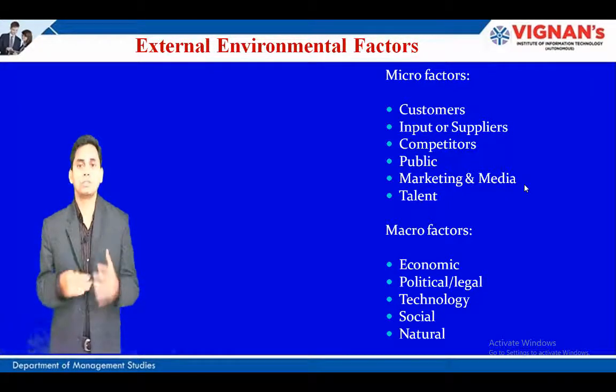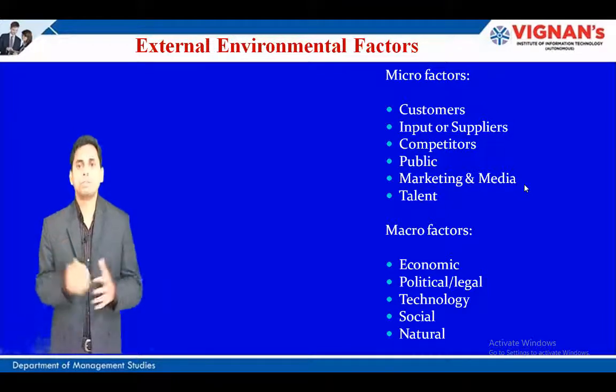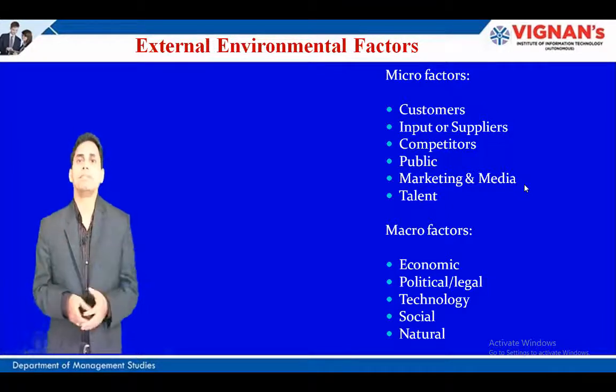That's why these social factors must also be studied. And then natural factors, and any other natural factors related to the business. These are common factors related to any business or any industry, and they are related to the external environmental factors. These are known as macro factors, the broader level factors.